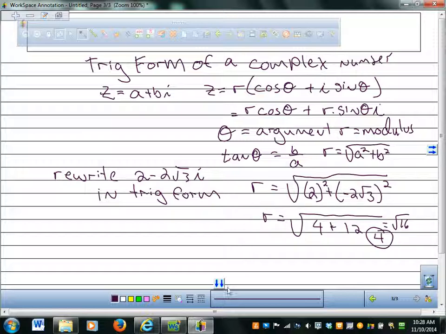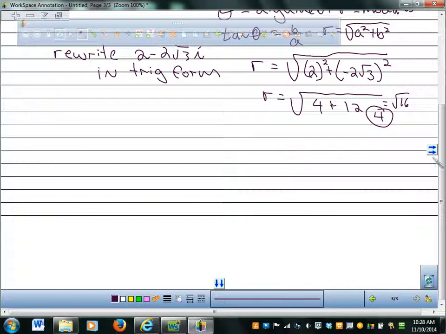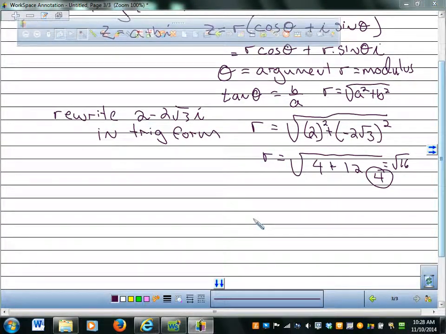Now I got to find theta, which is a little more complex. So we know that tangent of theta is equal to b over a. So that would be negative 2 root 3 over 2. But you have to be really careful. What's that equal to? Negative root 3. Now, what you have to think here is you can't just take the inverse tangent of negative root 3, because theta can be in the first quadrant, second quadrant, third quadrant, fourth quadrant.